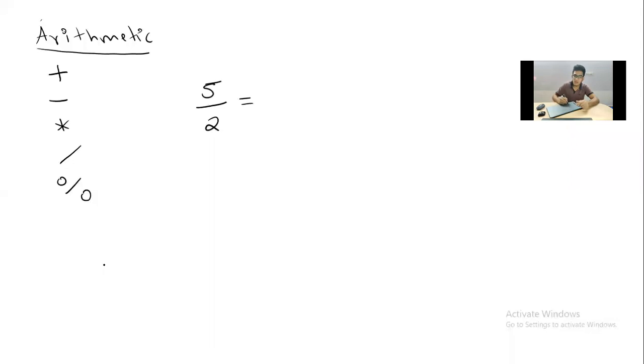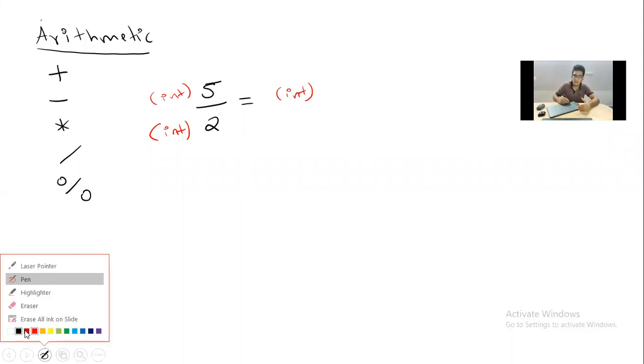Here you have to understand, as I have already done in the class, your 5 is of what type? It is integer type. 2 is of what type? Integer type. Integer by integer is definitely one integer only. So 5 by 2, in mathematics, the answer is actually 2.5, right?